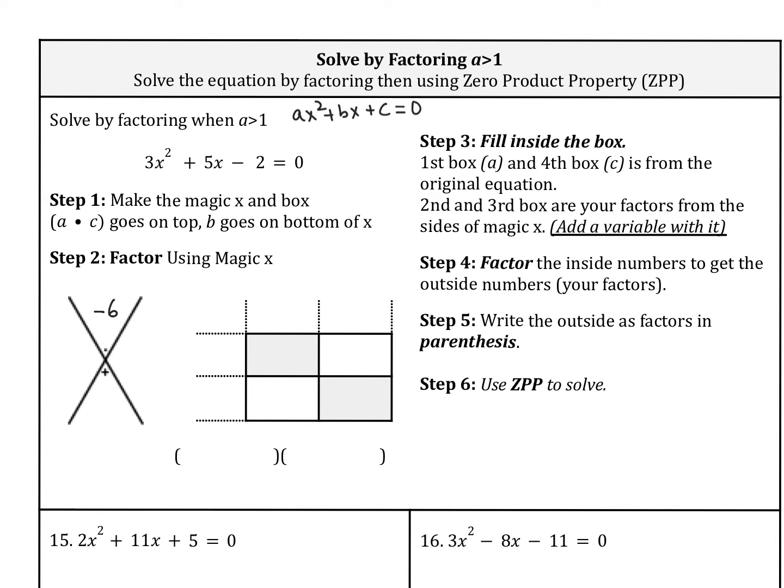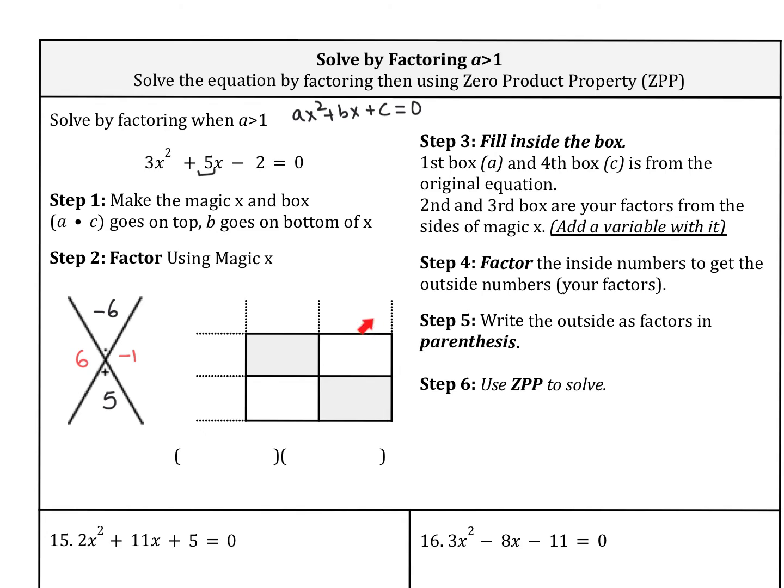And on the bottom, you're going to write the middle number. And now you're going to look for two numbers. When you multiply, you get negative 6. When you add, you get 5. So those numbers are going to be 6 and negative 1, because 6 times negative 1 is negative 6, and 6 minus 1 is 5.